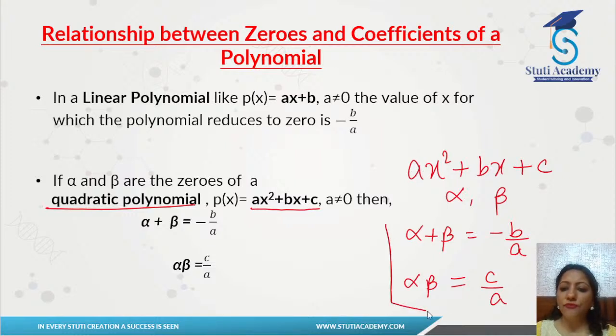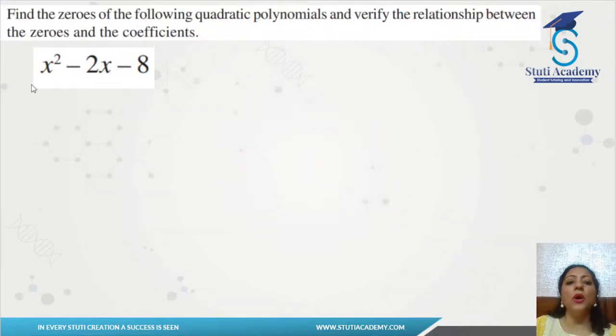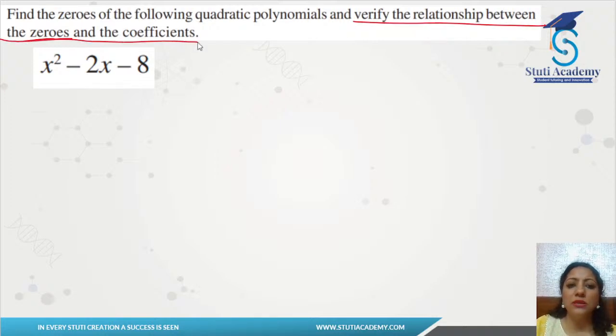So now we have to use these two relations between the zeros of the polynomial and their coefficients. Sum of the zeros is the same as minus b upon a. Product of the zeros is the same as c upon a. We had also discussed questions like this in the previous class, where a polynomial was given to us and we were supposed to find the zeros of the polynomial, and also verify the relationship between the zeros and the coefficients.